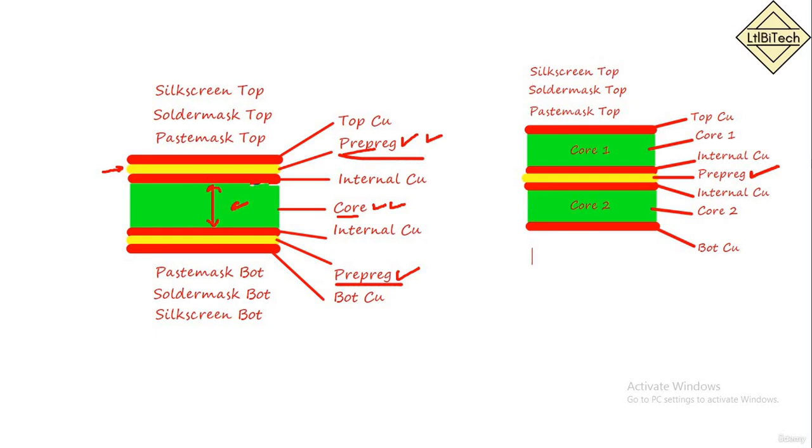So these are the components of a PCB, in 2 layer as well as in 4 layer. I took an example of multi-layer because it covers all types of PCB components. So this is all about the components in a PCB.